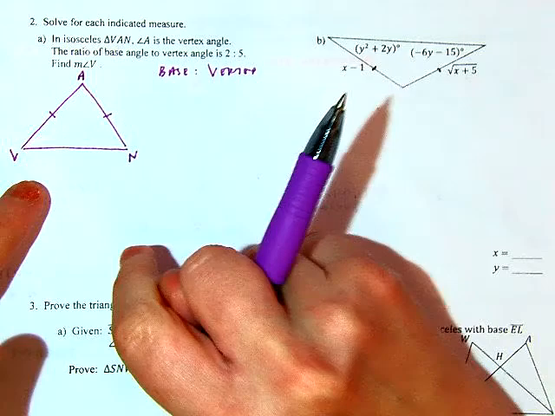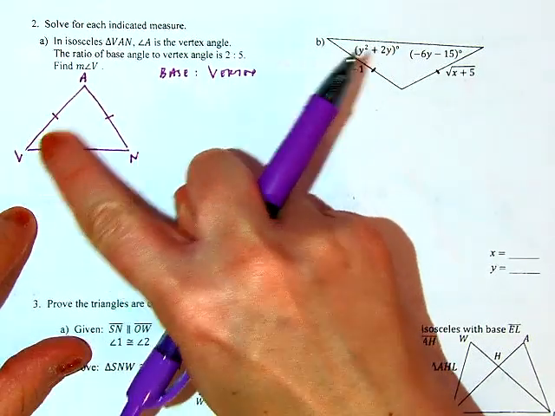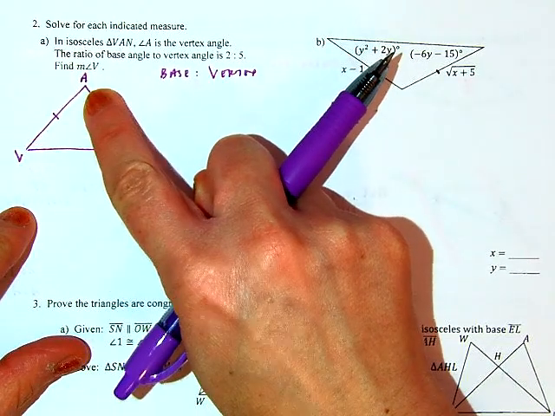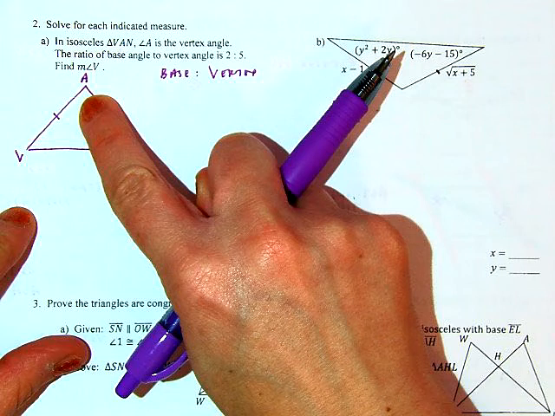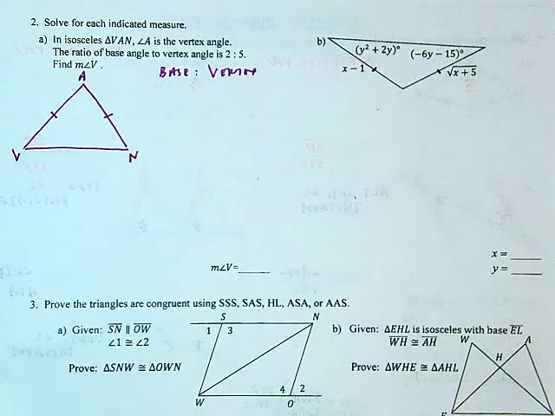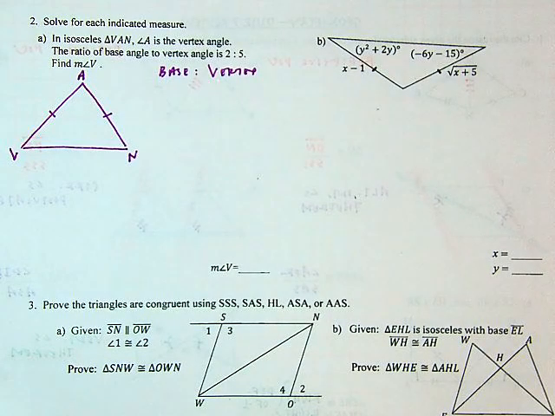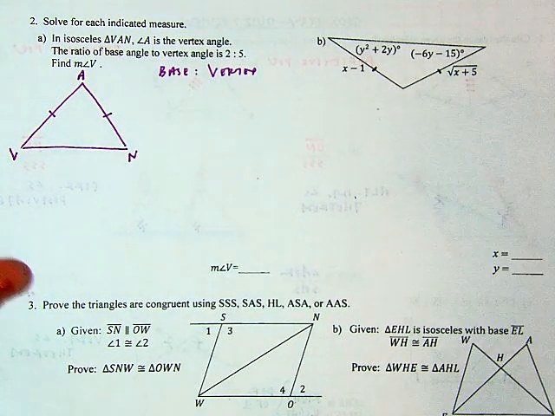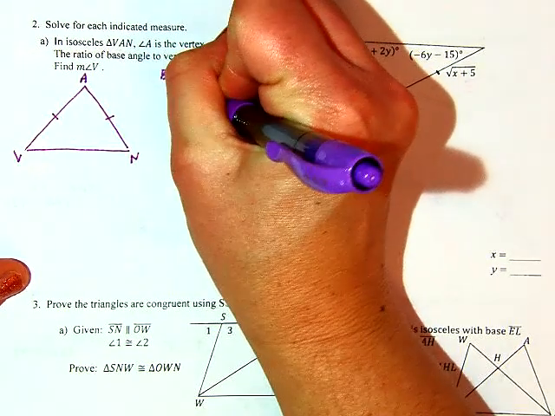Whatever these measures are, base to vertex, they're going to be in a ratio of 2 to 5. So I need to know what the multiplier is that I'm putting on that ratio so that my angle measures will all add to 180. I'm going to write my ratio instead as 2x to 5x.